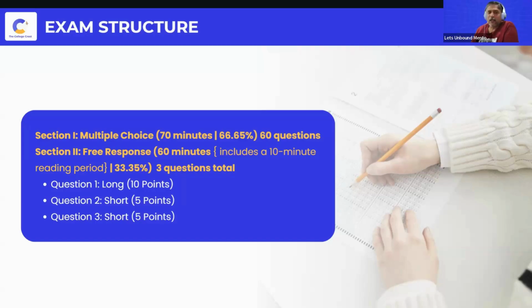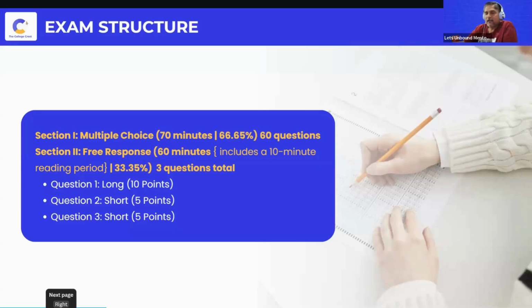Question 1 being a long question where you have 10 points, whereas questions 2 and 3 are two short questions, 5 points each. Okay, so all in all, 3 questions on the FRQ section, 1 hour, but MCQs, there are 60 questions and you get 70 minutes. So that is the breakup of the two sections.